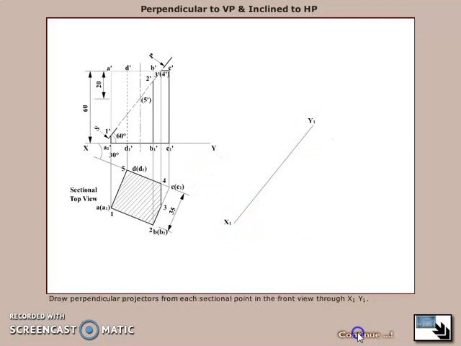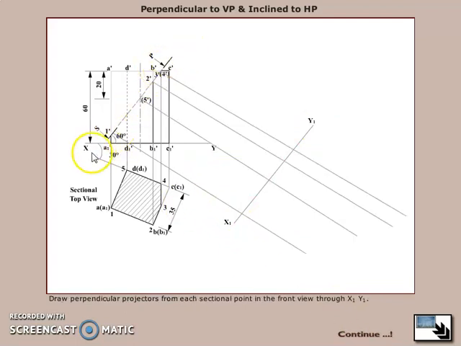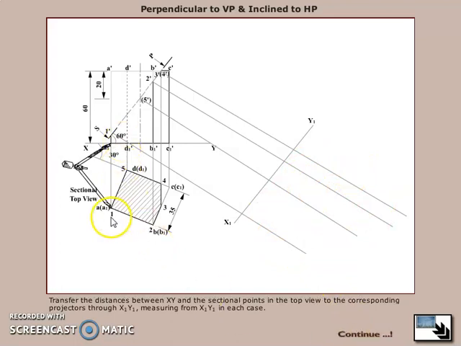Then you can draw lines through all these section points which are perpendicular to this section line, like this, to any convenient length. Okay, then after that we have to locate all the points 1 2 3 4 5 here to draw the true shape. For that, you can take the distance of point 1 from the xy line and mark that point here from x1 y1.